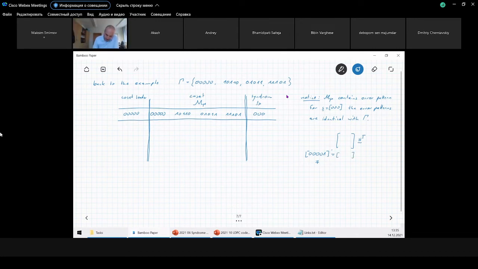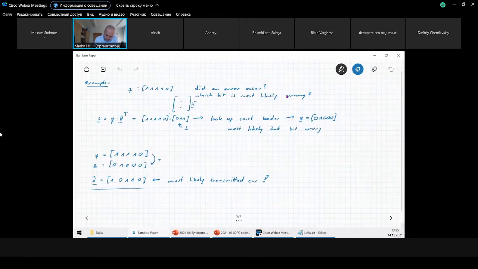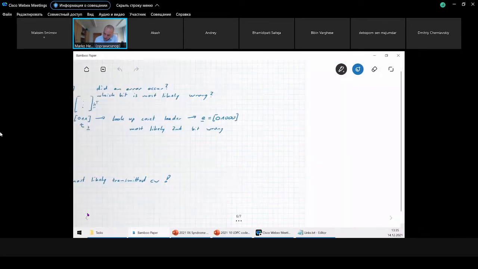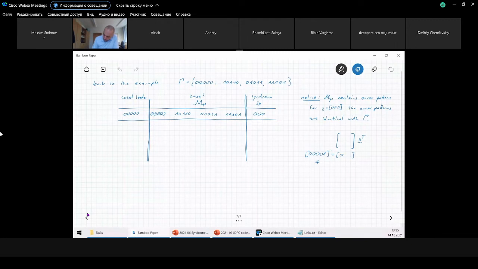So let's look this up from before. Yes, it turns out the syndrome is 0, 0, 1. So for the syndrome 0, 0, 1, I know the 0, 0, 0, 0, 1 is a member of this coset.